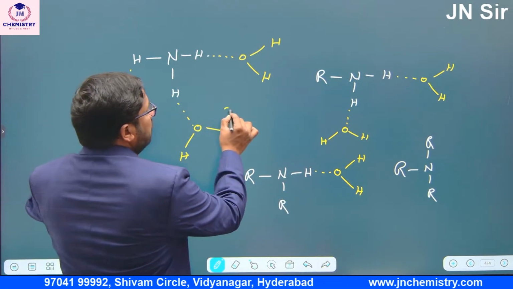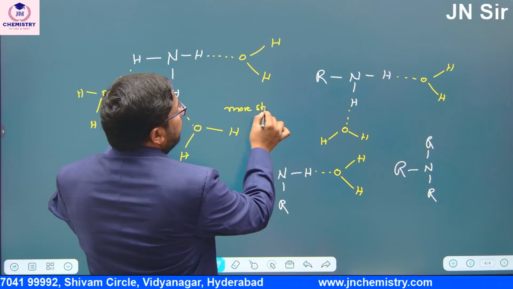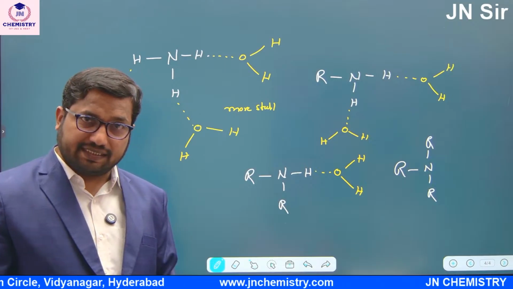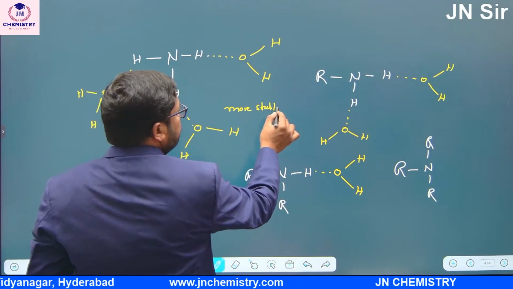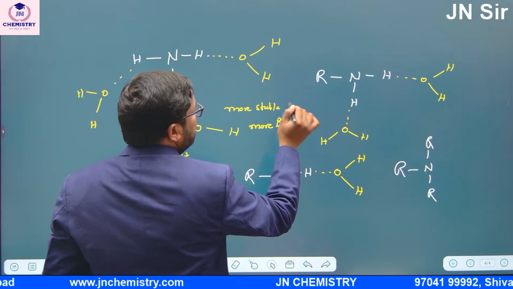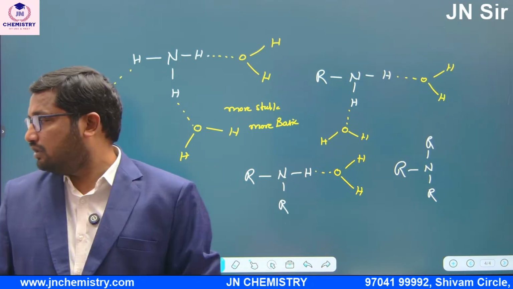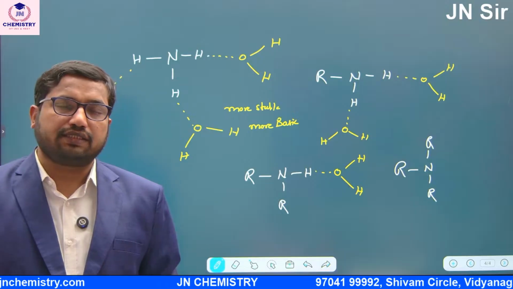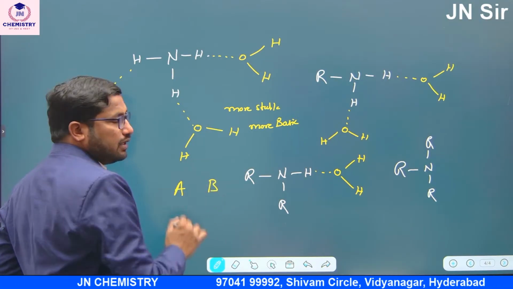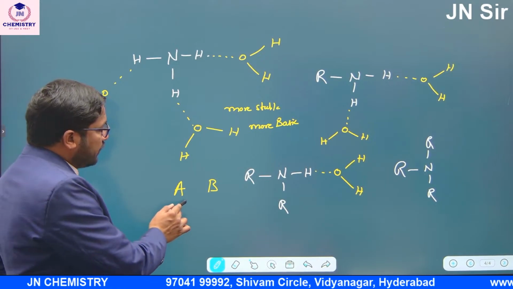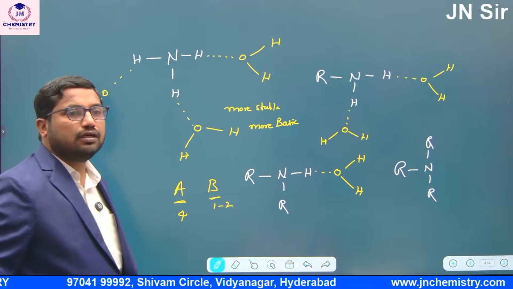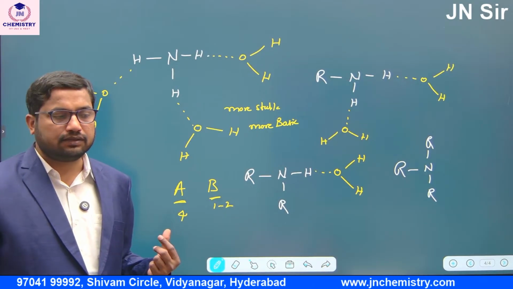More stable means obviously more basic. More stable means what? More basic. So try to understand. For example, two cricket players A and B. Imagine A plays 4 runs each ball, B plays 1 or 2 runs each ball. Who is the good batsman?